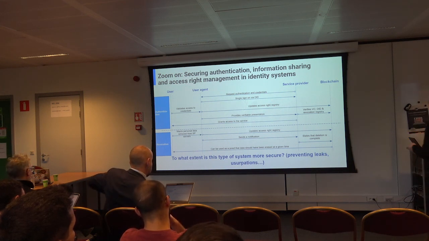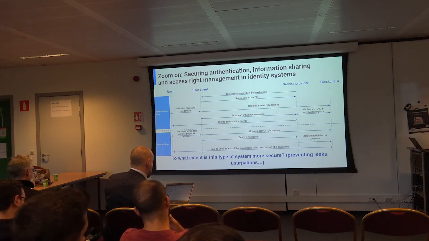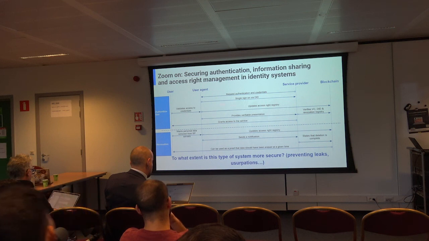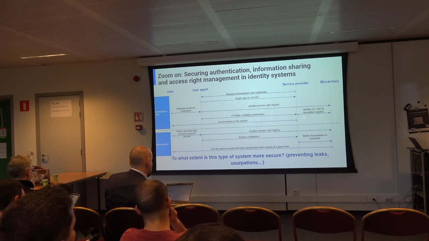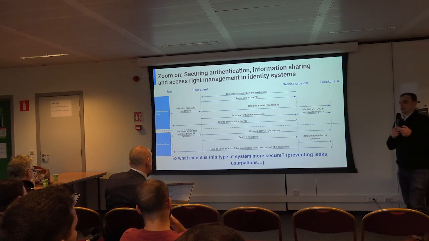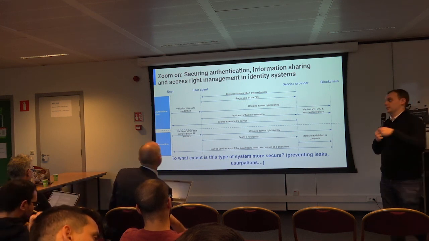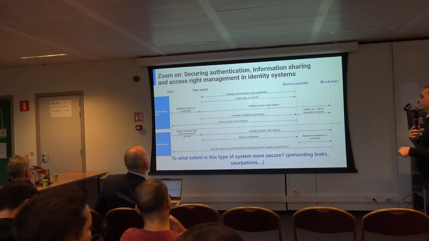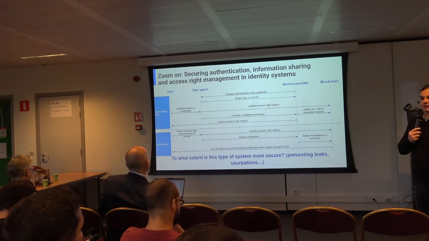If we follow the system, after the access registry has been updated, the actual data is sent to the service provider, and the service provider will also be able to verify on the blockchain that the keys used by the issuer of the credential are legit.